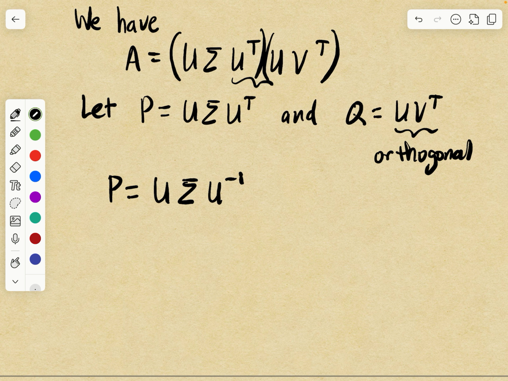And when you have a matrix written like this, where sigma is a diagonal matrix, you're not filling in things with extra zeros. This diagonal matrix may have zeros on the diagonal, but it is a square matrix.